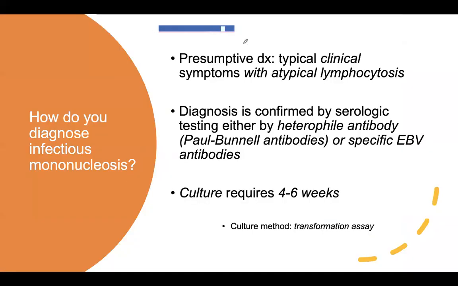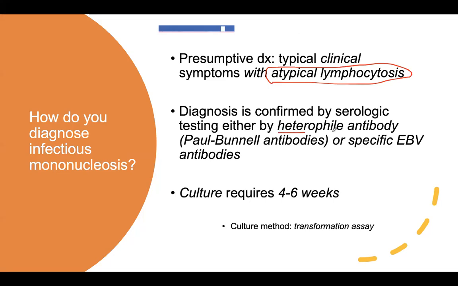Now, how do you diagnose? This is what I want everyone to memorize. Don't enter the testing site if you don't know this: the atypical lymphocytosis. Please take note of the atypical lymphocytosis. Then the diagnosis is confirmed by serology.